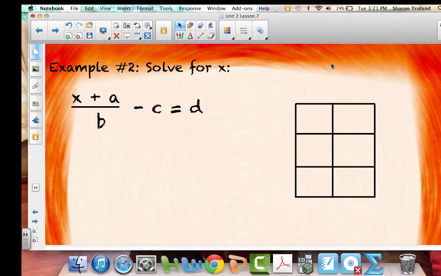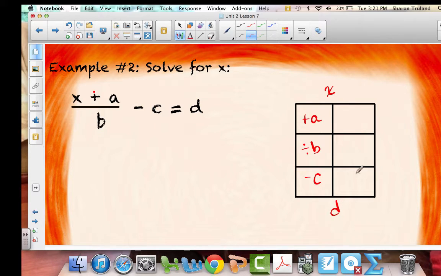Ooh, that's a little longer, but we can do it. All right, let's do the box this time first. Started off with x, and somebody added an a onto it. Then somebody divided by b, and finally they subtracted a c, and that got us all the way to d. All right, here we are at d.